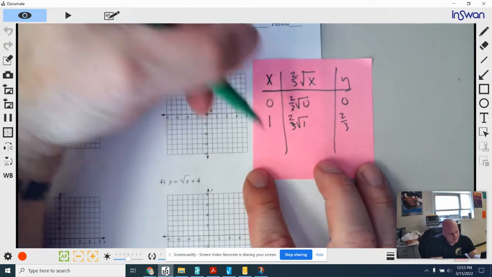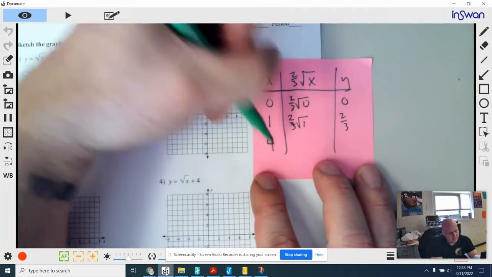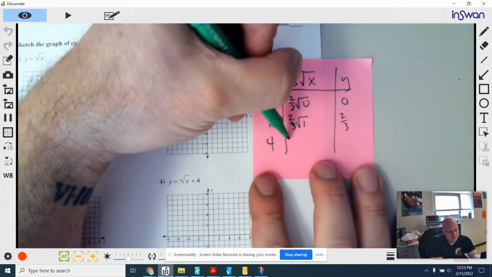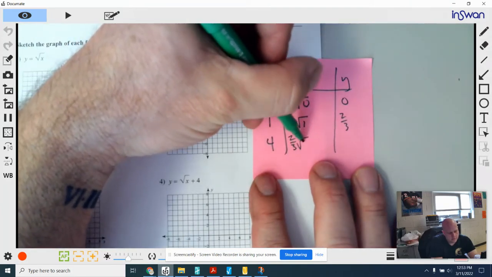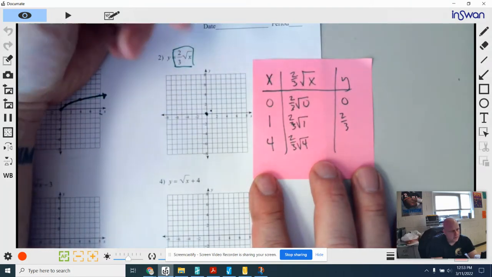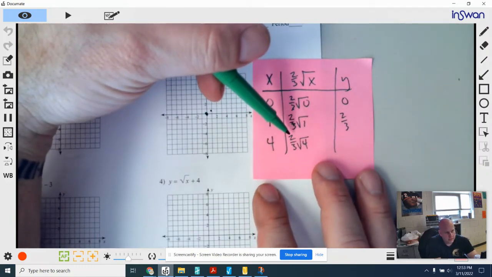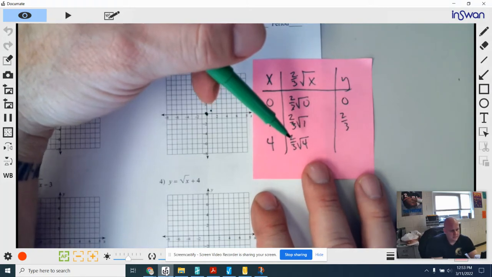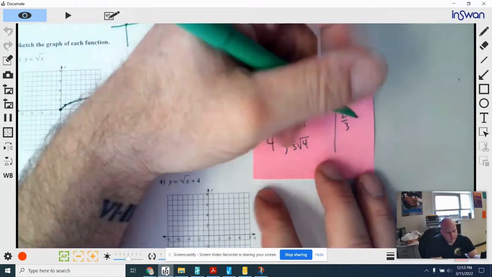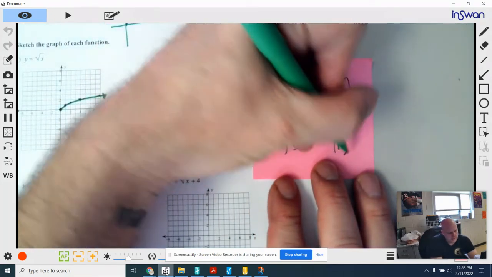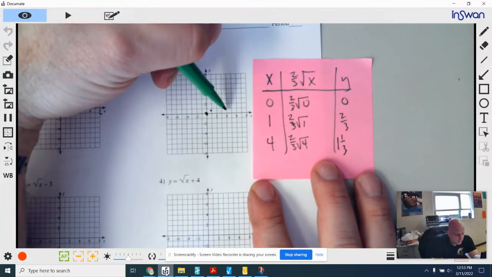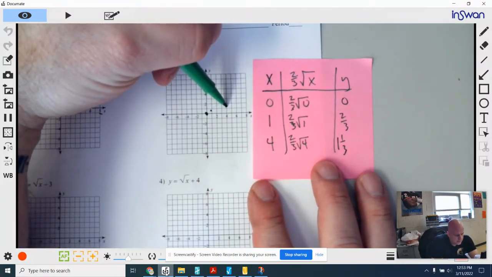Okay, let's say maybe I try 4. So 2/3 times the square root of 4. The square root of 4 is 2. 2 times 2/3 gives you 4/3. So 4/3 reduces to 1 1/3. So at 4, you're at 1 1/3.